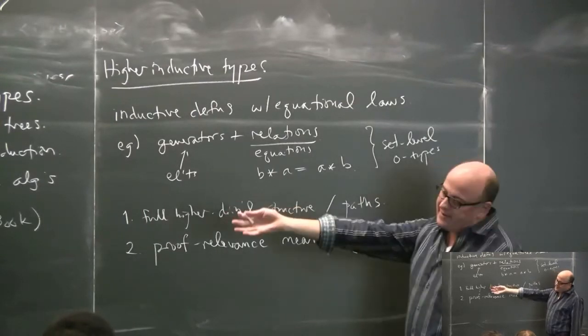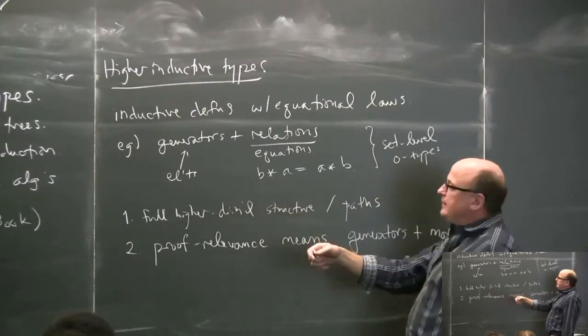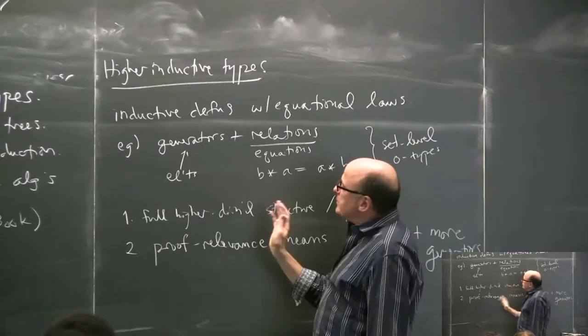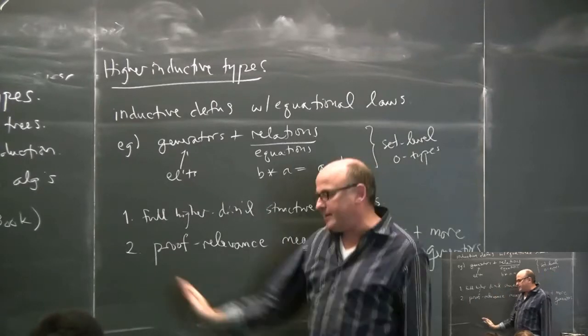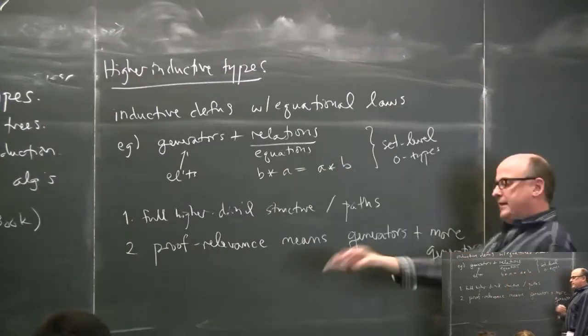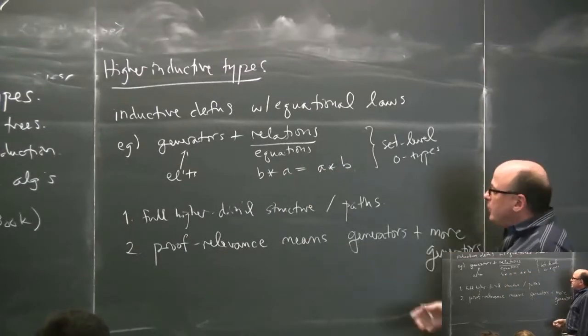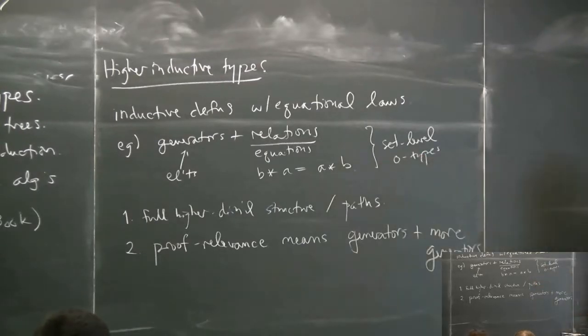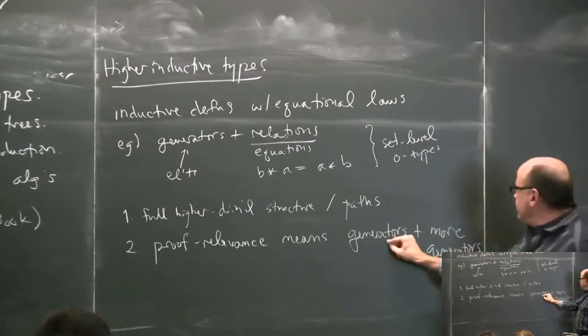The data is over there and the program diddles the data. So in a logic point of view, traditional like first order logic, you have some carriers and some algebraic structure on them, some operations, and then over here we have relations that speak about them. So in the proof relevant environment, there's no such separation. That is, everything is just a matter of having generators and more generators.